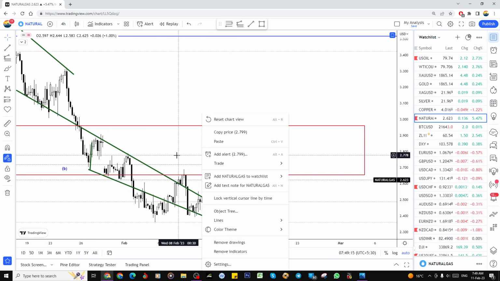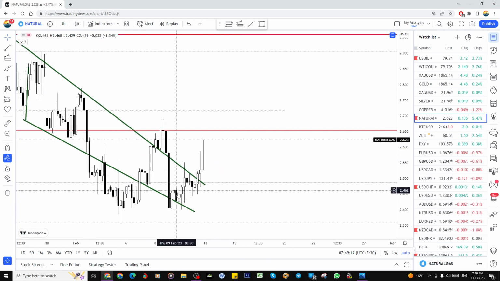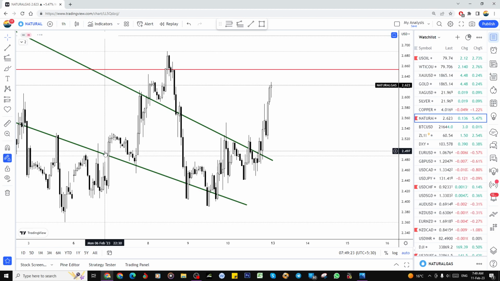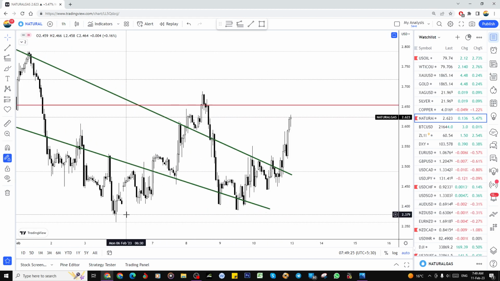And what happens here? Bang. But it has not yet broken the previous low. And see in this 1 hour chart. So 1, 2, 3, 4, and 5. It's looking like the impulsive. Sometimes it's looking like A, B, C. And this is also looking like a correction part here.